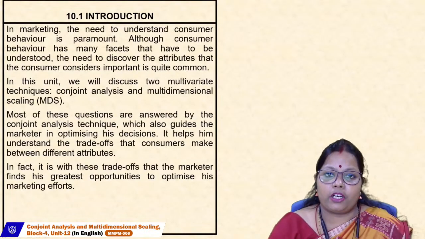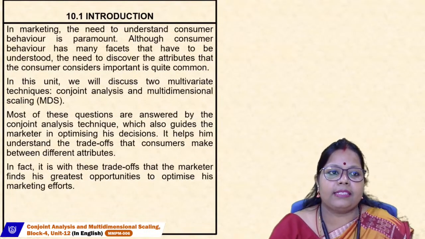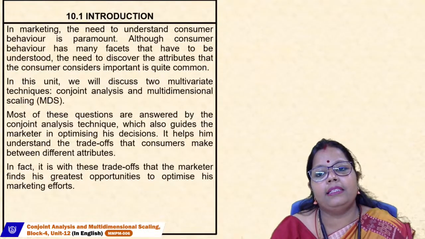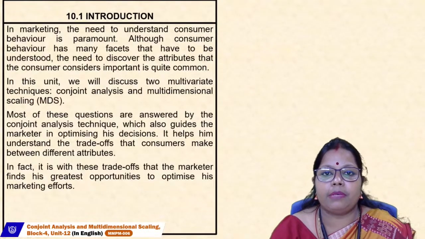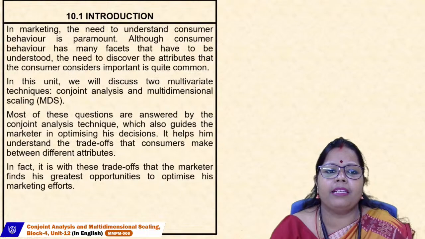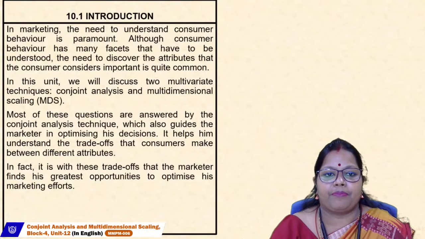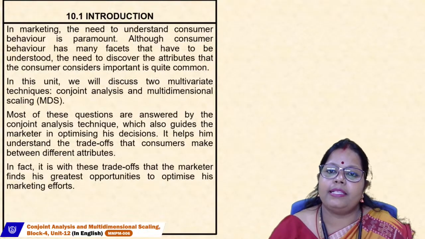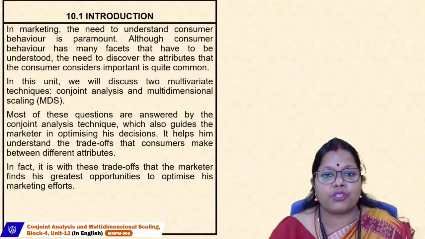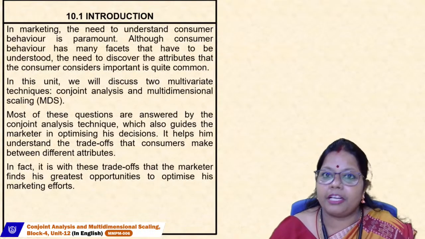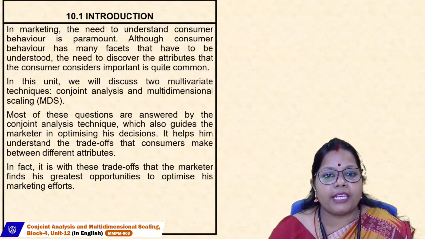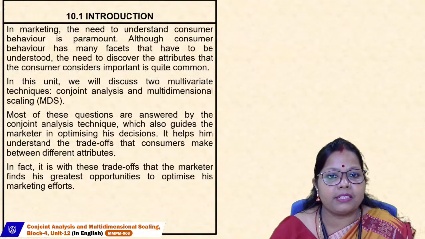Coming to the introduction of conjoint analysis, we know that in real-world marketing research we will definitely find different types of perceptions and preferences of the consumer in our data set. Suppose we are collecting data for a washing machine, a refrigerator, or an air conditioning machine.